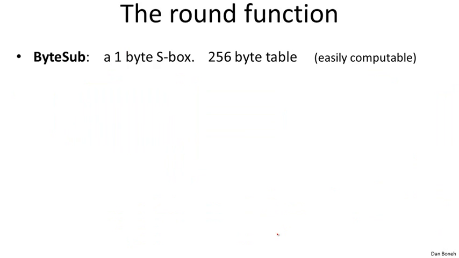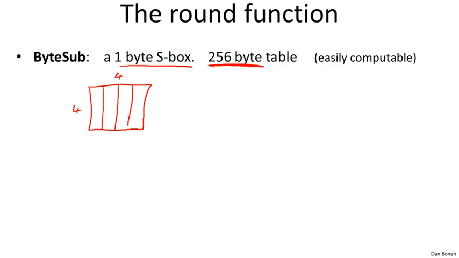So the way byte substitution works is literally it's one S box containing 256 bytes, and what it does is it applies the S box to every byte in the current state. Let me explain what I mean by that. The current state is going to be this 4x4 table, and to each element in this table we apply the S box.